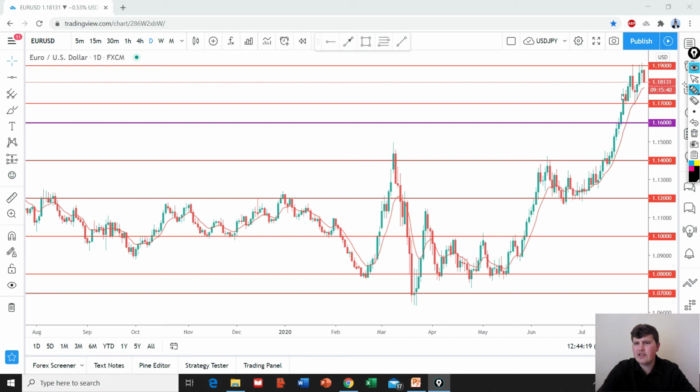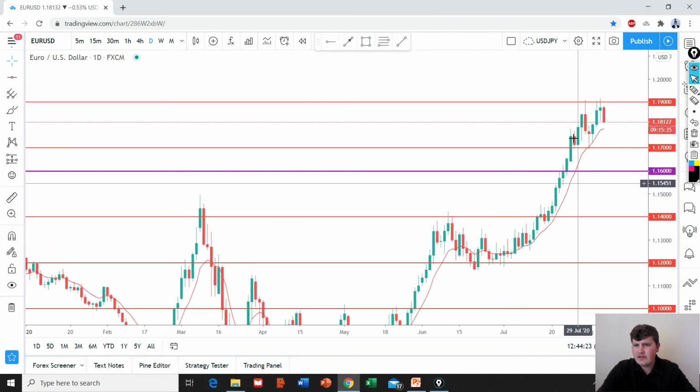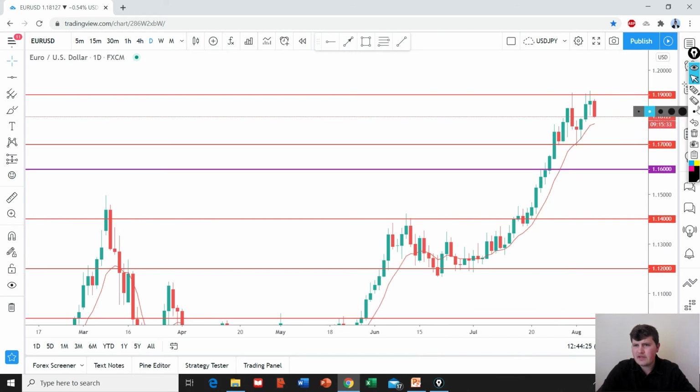And as you can see, I'm just going to zoom in a bit on this pair and look at all these spikes going to the 1.19 price level. This is usually called liquidity spikes, and this is where a lot of financial institutions place sell or buy orders.